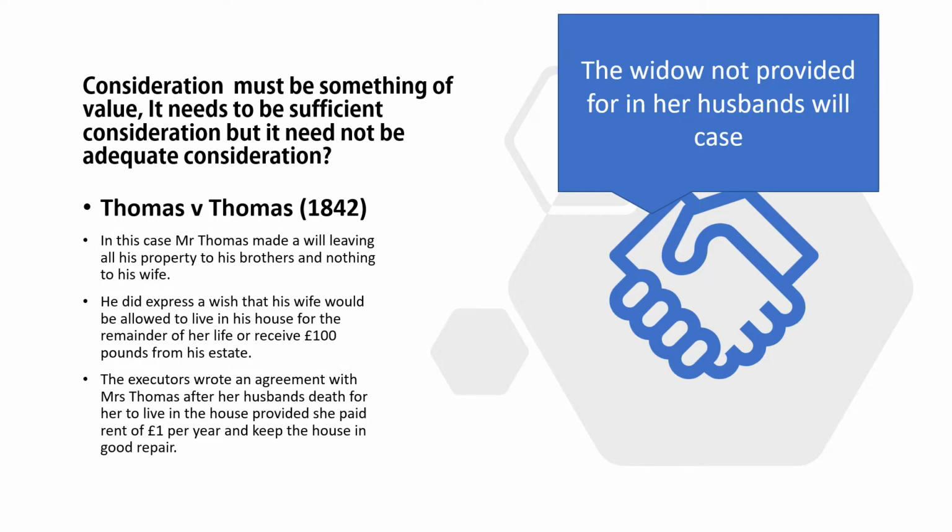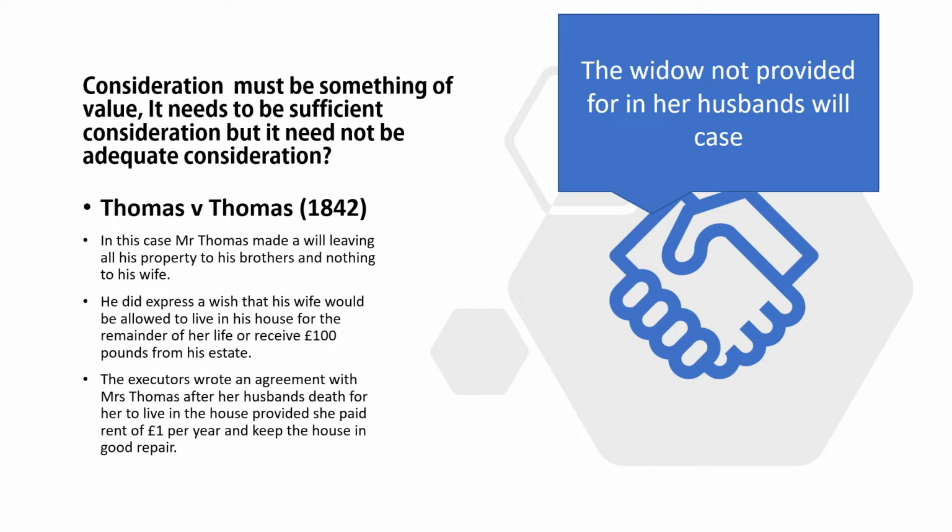He did, on his deathbed, express a wish that his wife would be allowed to live in the house for the remainder of her life or receive £100 from his estate. Now, that expression didn't form part of the will, so she couldn't enforce it through the will.